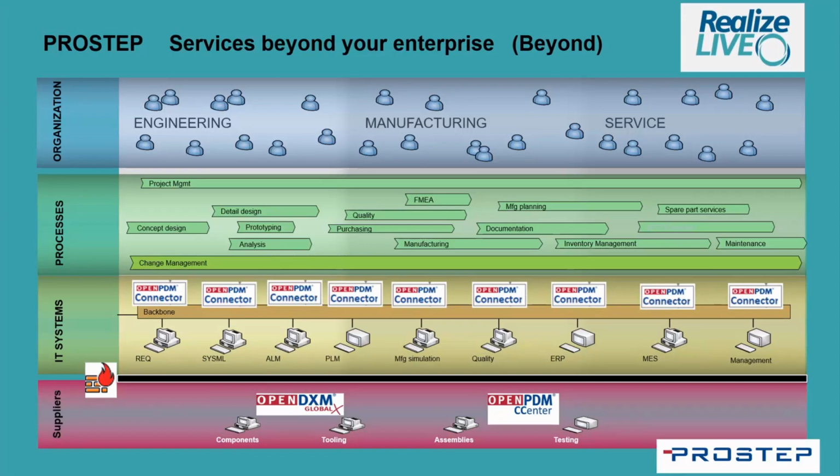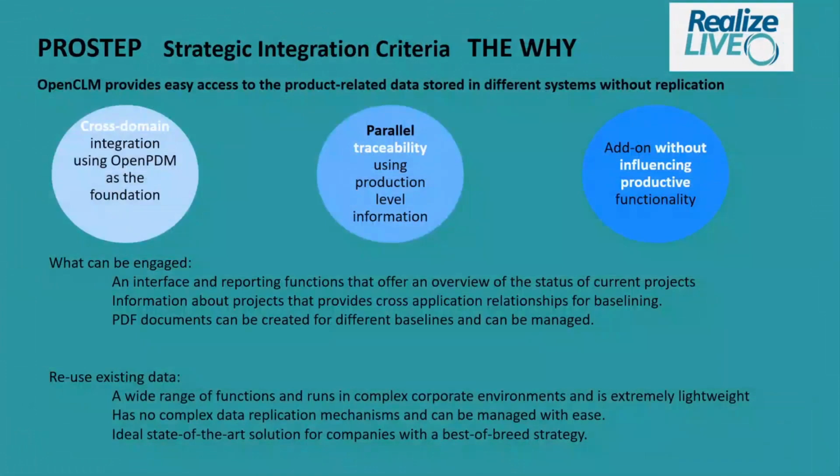We can also extend that outside of your firewall, using GlobalX and using Collaboration Center, so these suppliers can work just very seamlessly within your organization and extend that data from their systems to your systems and secure it back and forth. And then why do we want to do this?